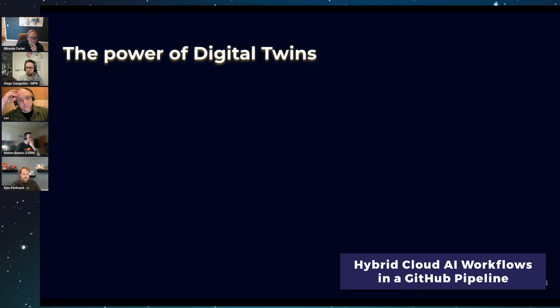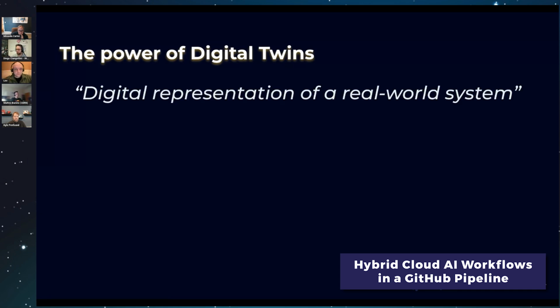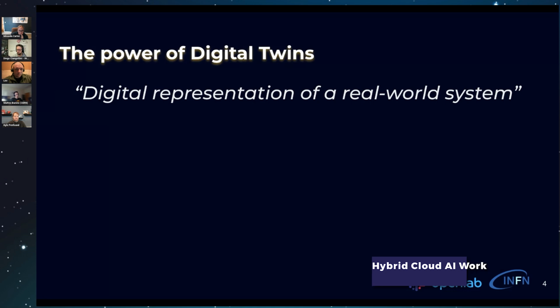Just let me introduce the concept of digital twins, because I think it's important also for all the things that we are going to look at next, because they are pretty much a peculiar system. I like a lot the definition that you see here: a digital representation of the real world system.